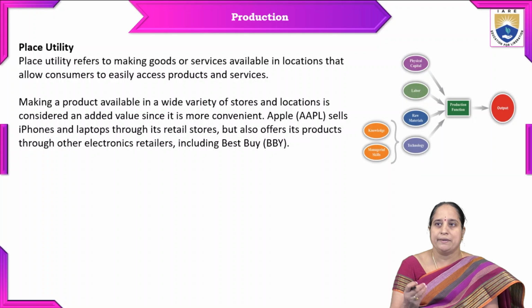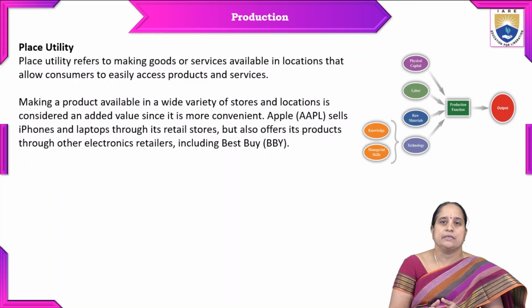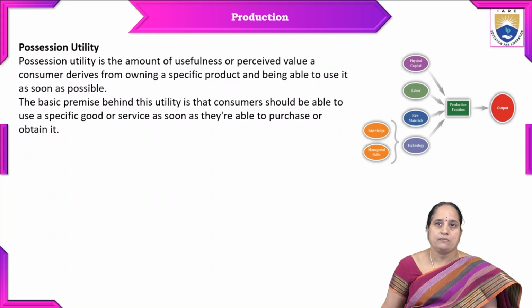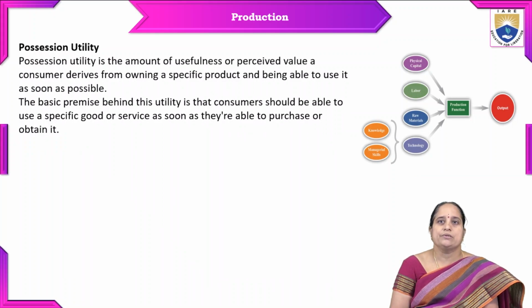So Apple (AAPL) sells iPhones and laptops through their retail stores, but also offers its products through other electronic retailers, including Best Buy. So apart from their own locations, they may also make all their products available in other retail stores. Then comes possession utility.